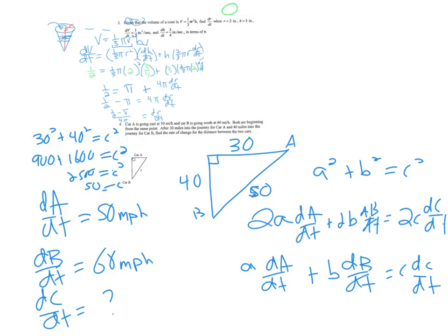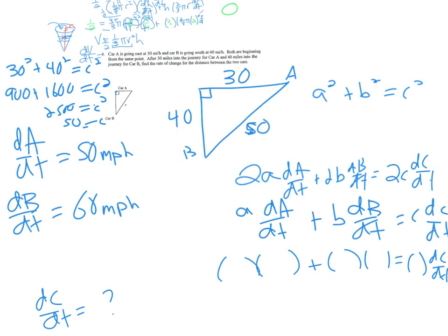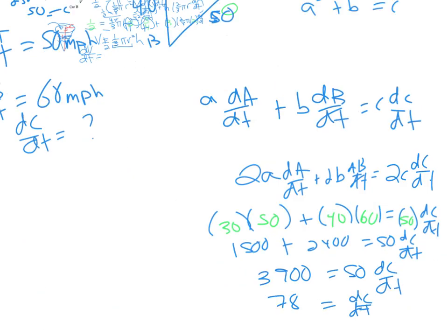And once I get here, all I have to do is plug in for what I know and solve for what I don't know. I know A is 30, and dA/dt is 50, B is 40, and dB/dt is 60, and at this moment in time, C is 50. And solving, I have 1500 plus 2400 equals 50 dC/dt. And dividing through by 50, I end up with 78 miles per hour for dC/dt.